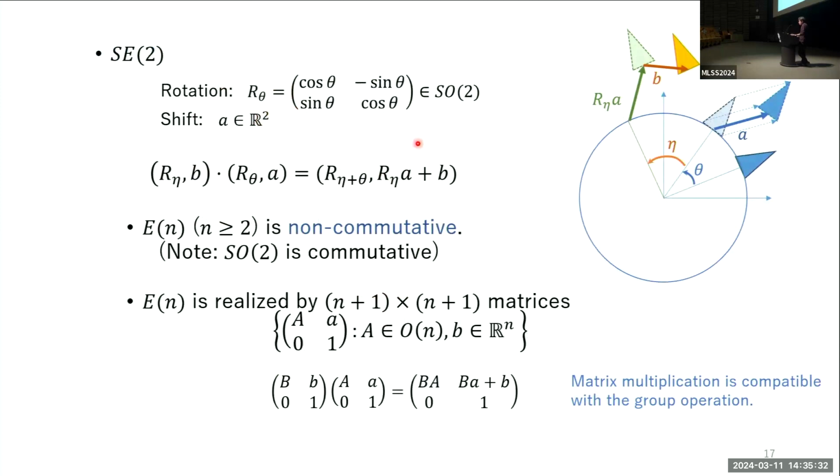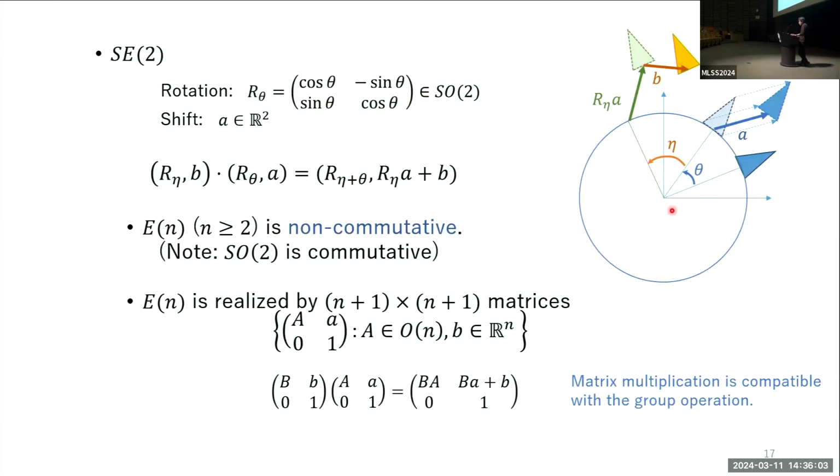First, let's see what happens if we multiply two elements. The first element is a rotation by theta with translation A. The second element is a rotation by eta with translation B. R theta is simply the abbreviation of the two-dimensional rotation by angle theta.